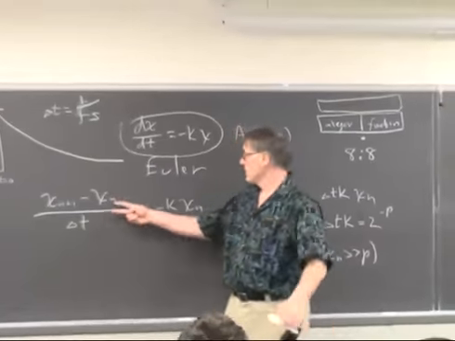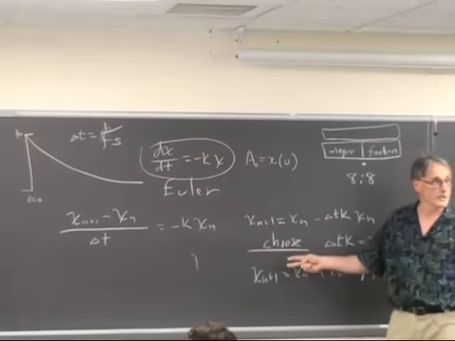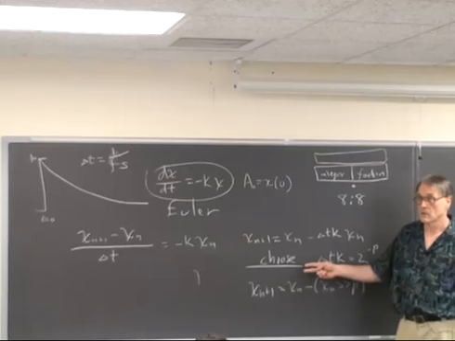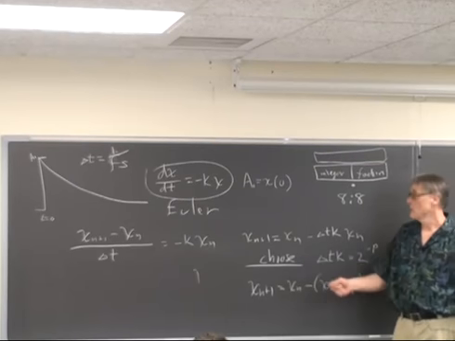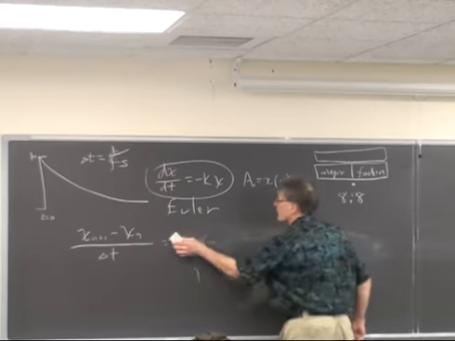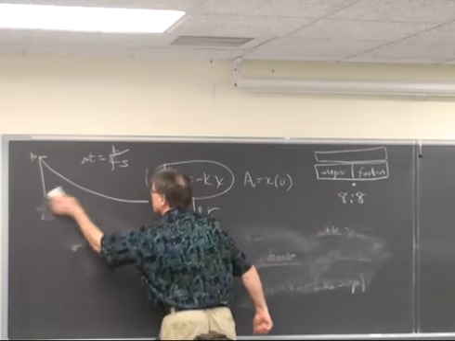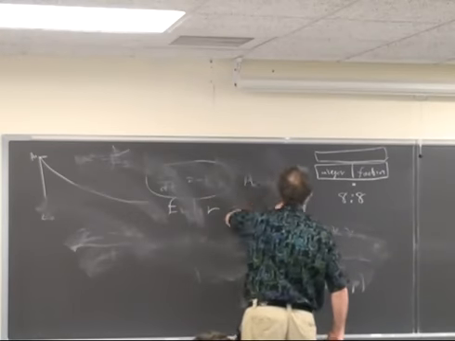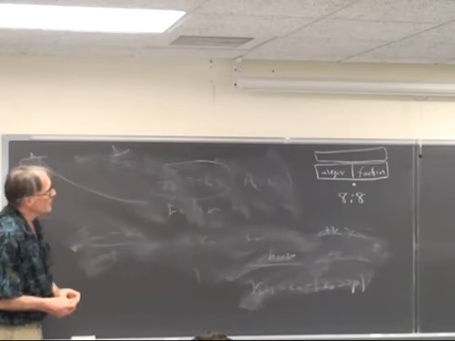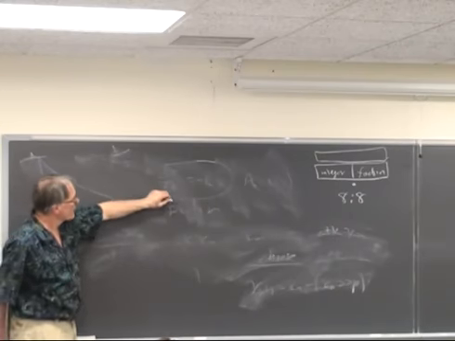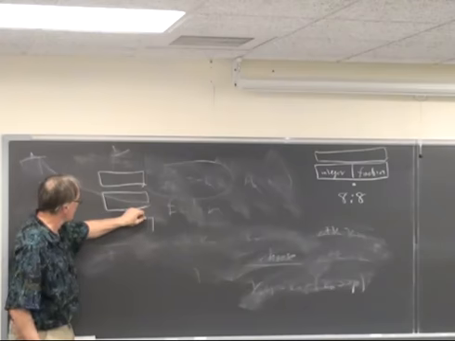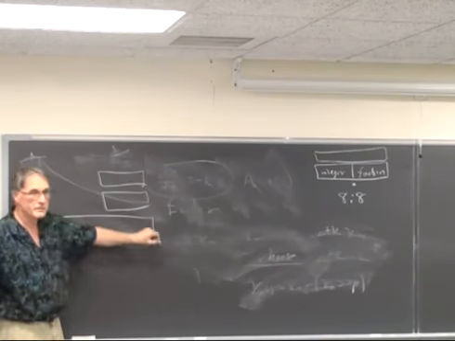Any questions before I erase this stuff? So if we multiply two 16s together, of course we get a 32-bit result.